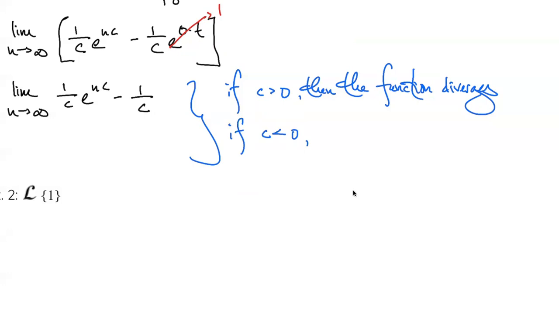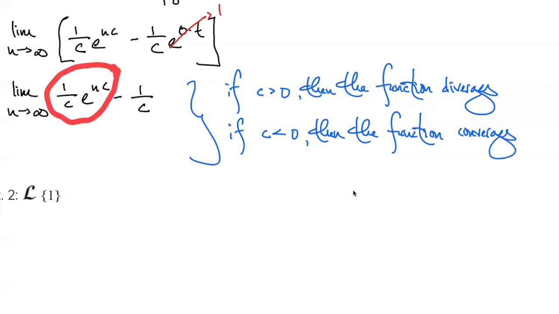And it turns out that if C is less than 0, then the function converges. And in particular, this part will go to 0, and we're going to end up just with negative 1 over c.